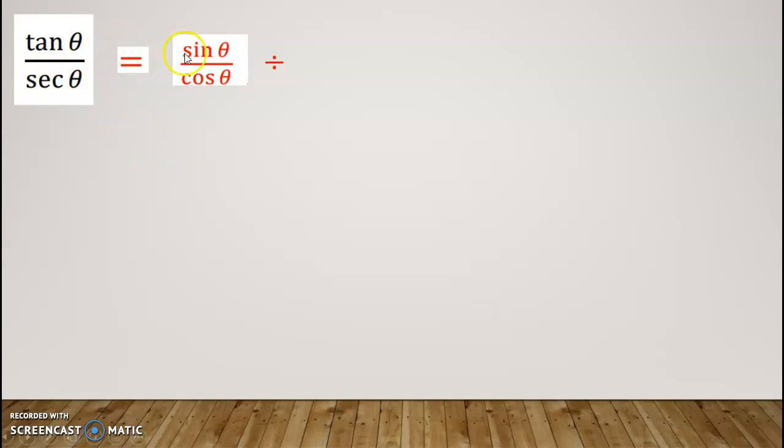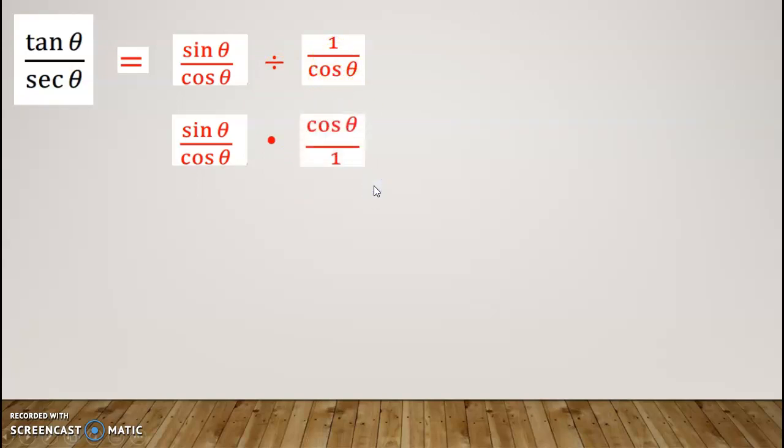So I'm just going to say sine over cosine divided by 1 over cosine. All right, then I can just keep, change the division to multiplication, and flip this right here. So it's going to be cosine over 1. Then I'm going to cancel those two, and that's just going to leave me with plain old sine.